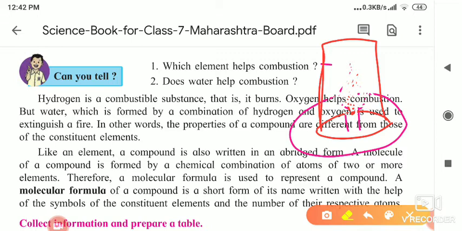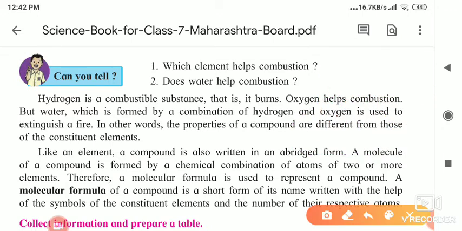So that is the reason. From this what we are saying is, air has oxygen in it and it helps for burning. So which gas helps for burning? The name of that gas is oxygen. Does water help combustion?